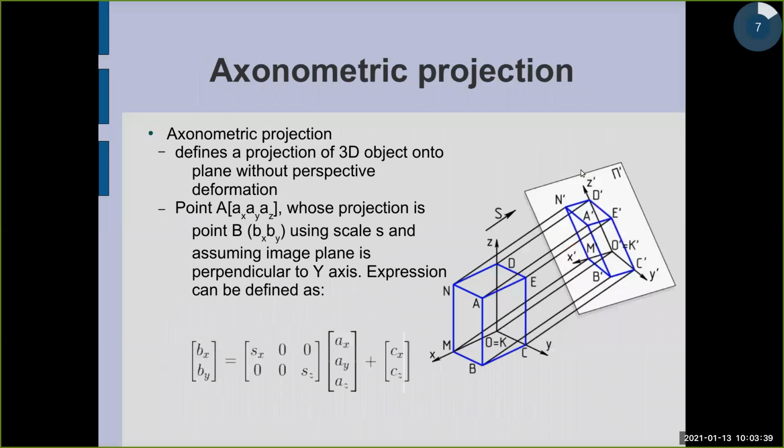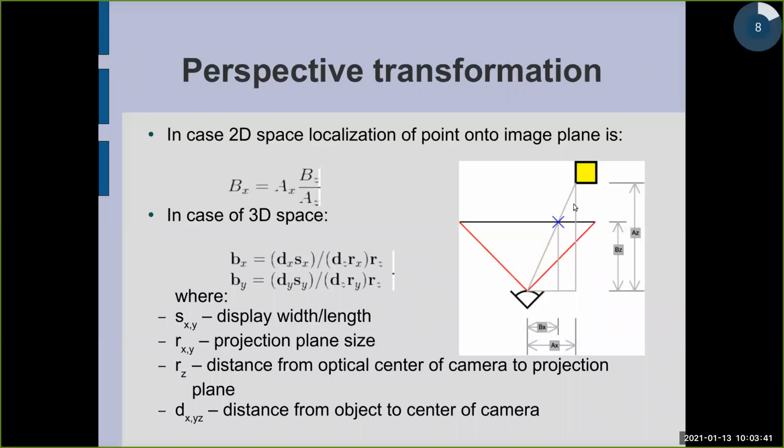Again, similar to axonometric projection, it's enough to connect these points, and we get the perspective transformation effect. Of course, here you have some mathematical relationship. You don't need to learn it by heart, because it makes no sense.